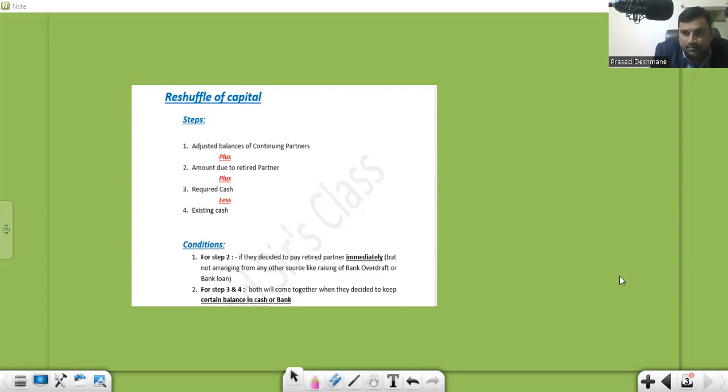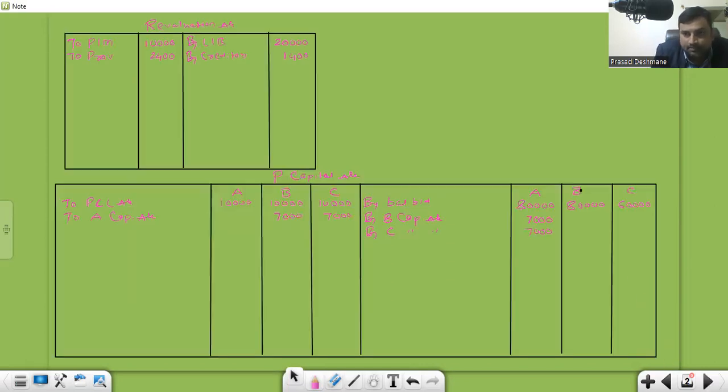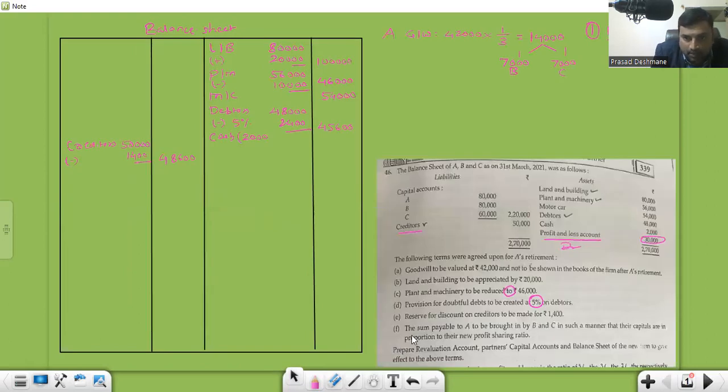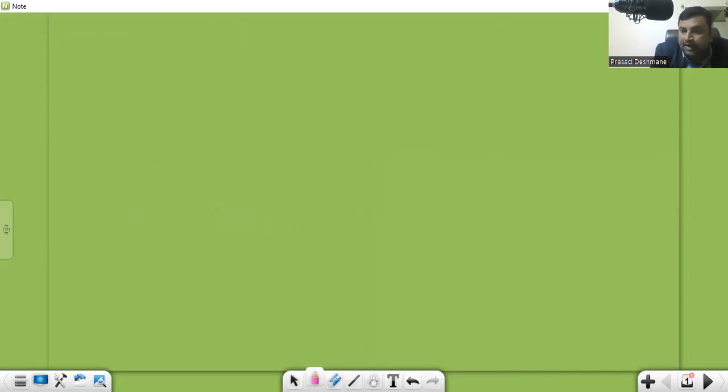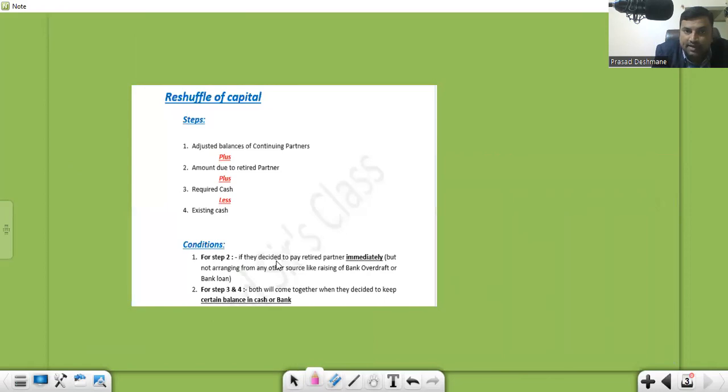Check in the sum: the sum payable to A brought by B and C means they decided to pay immediately to A. So that condition matches.